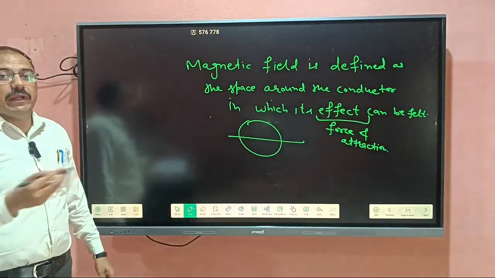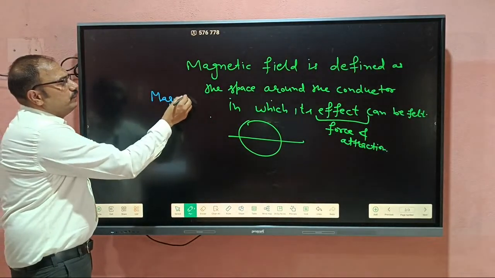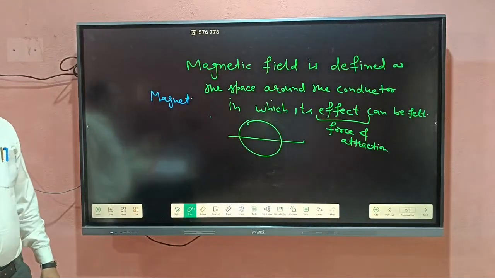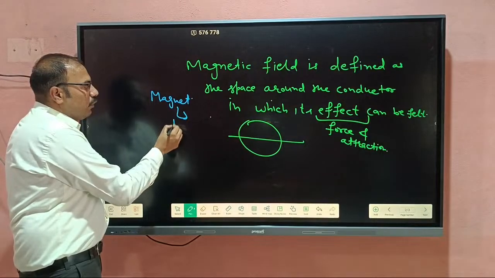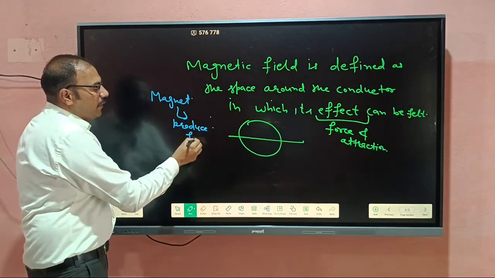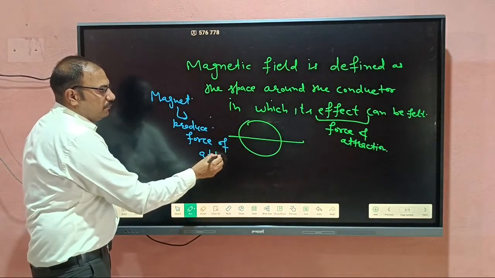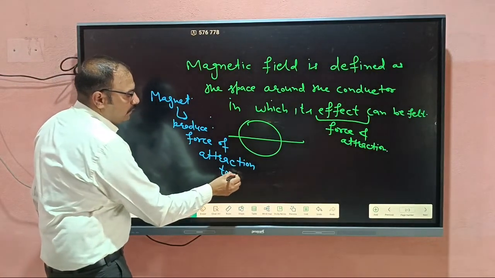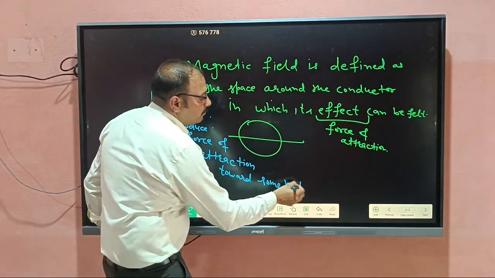So next, what is a magnet? A magnet is a material which produces a force of attraction toward some metals like iron. What are these metals?